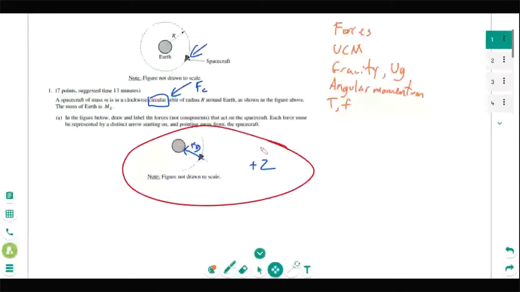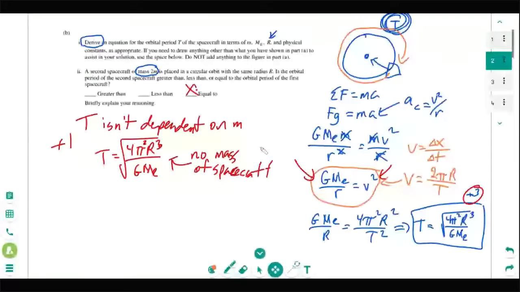What they might ask you is, what happens to the size of the circle or the speed of the object if I make the mass of the Earth bigger? Or how does the radius of the circle impact the period? Or if I want to double the period, what does that mean I have to do to the mass of the Earth or the radius or something like that?